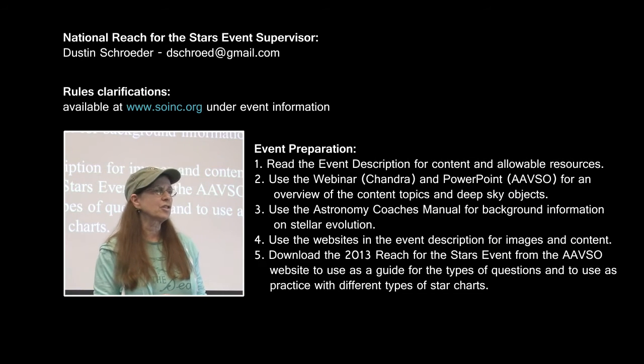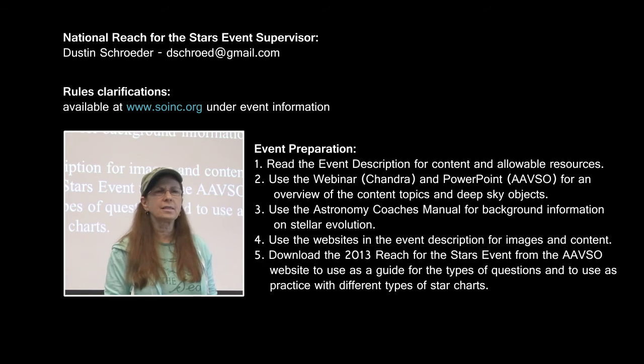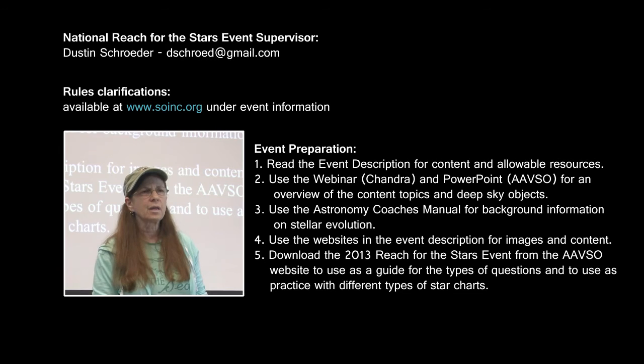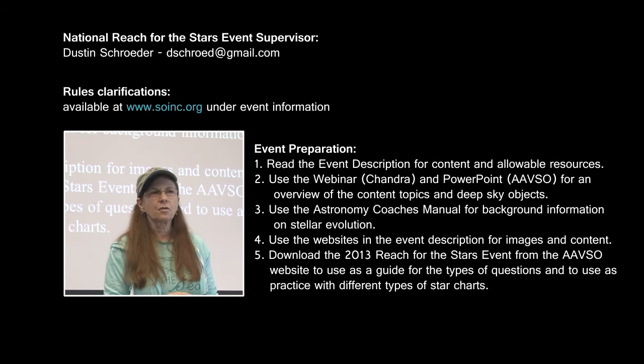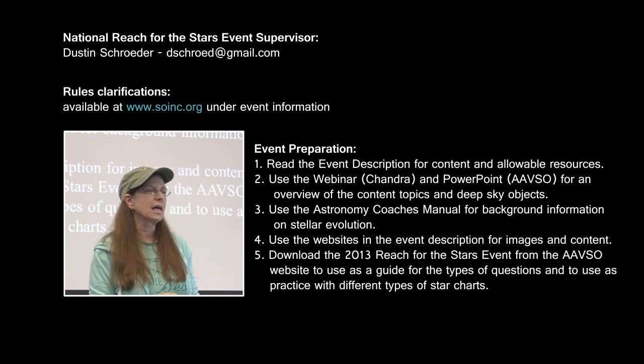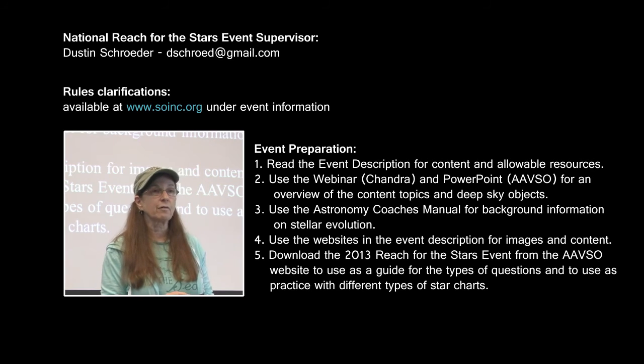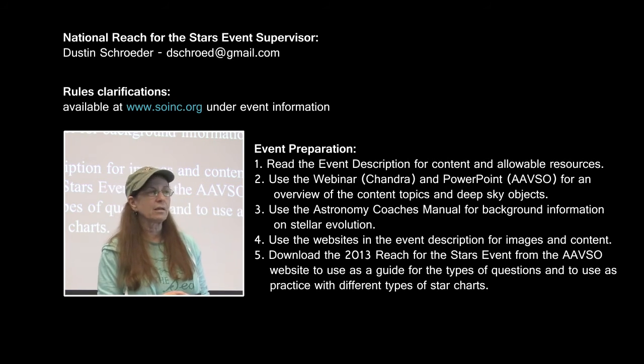The National Event Supervisor for Reach for the Stars is Dusty Schroeder. Here is his email address. However, if you have a clarification question about the event description itself or the deep sky objects, you need to go to the National Science Olympiad website and go to the rules clarification section, because maybe something was written a little ambiguously and other people have that same question.